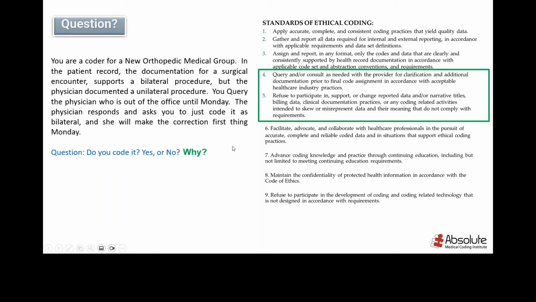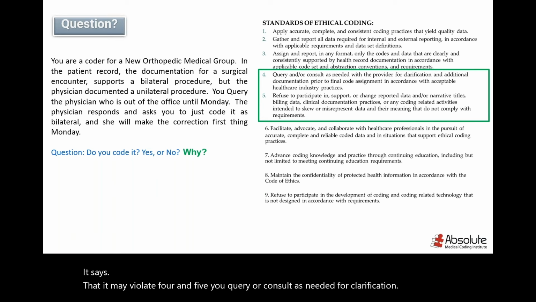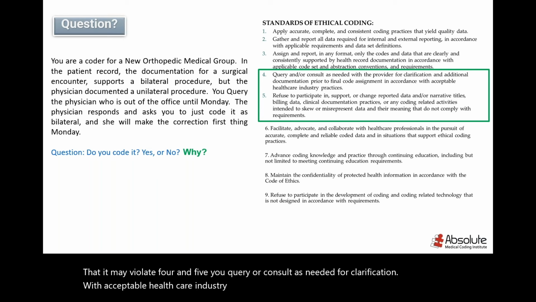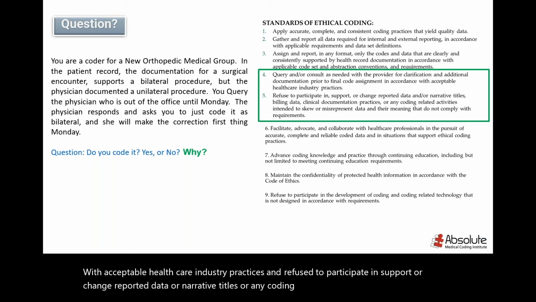All right. So it says that it may violate 4 and 5. You query or consult as needed for clarification in accordance with acceptable healthcare industry practices, and refuse to participate in, support, or change reported data or narratives, titles, or any coding related activities intended to skew.